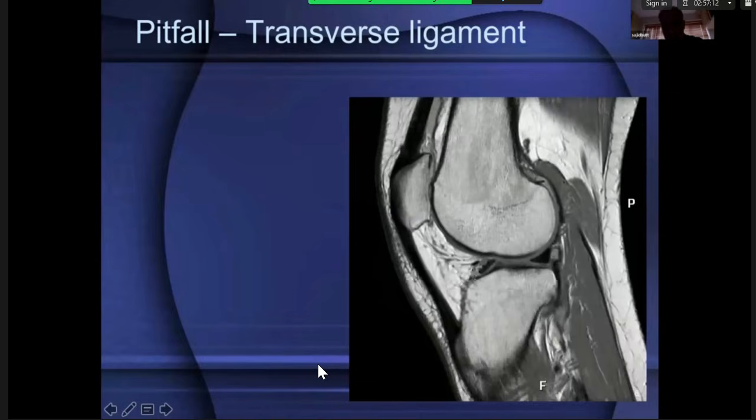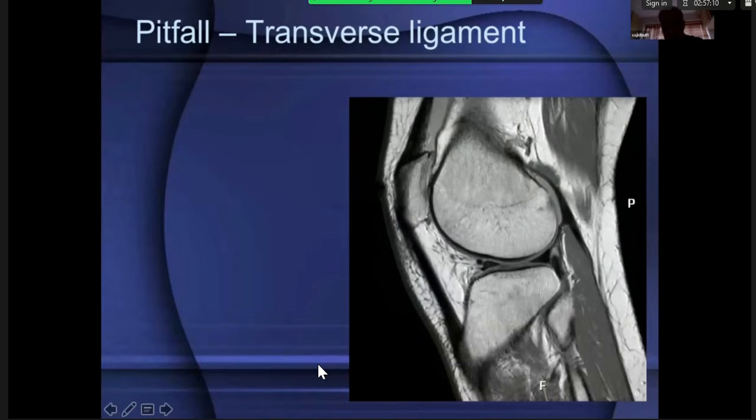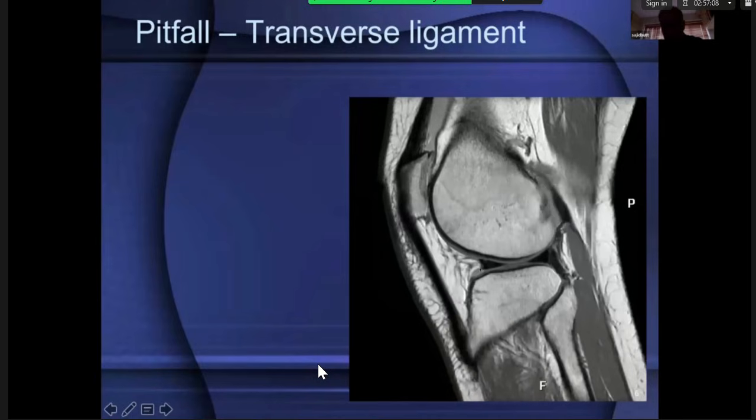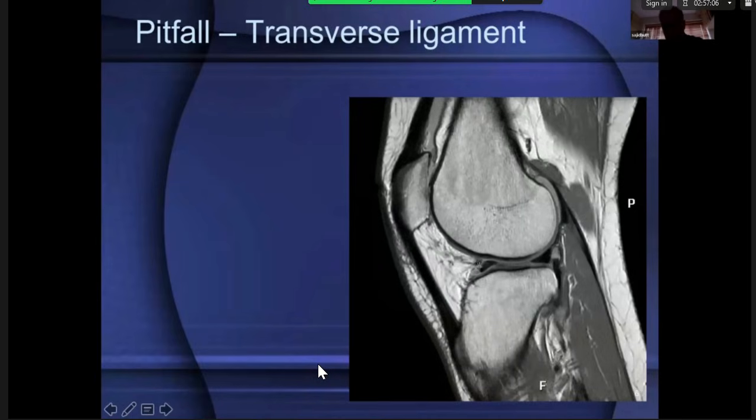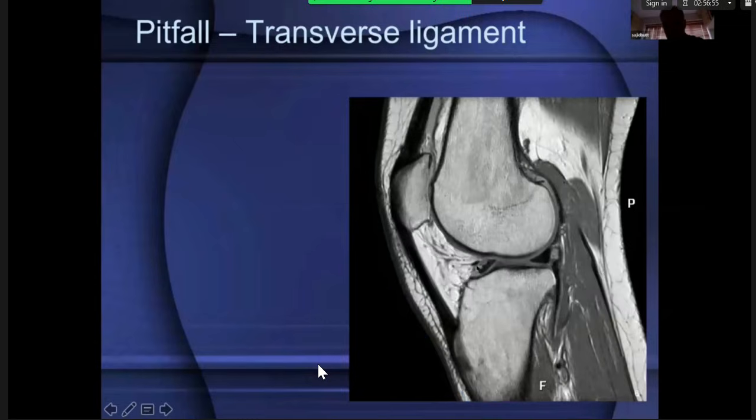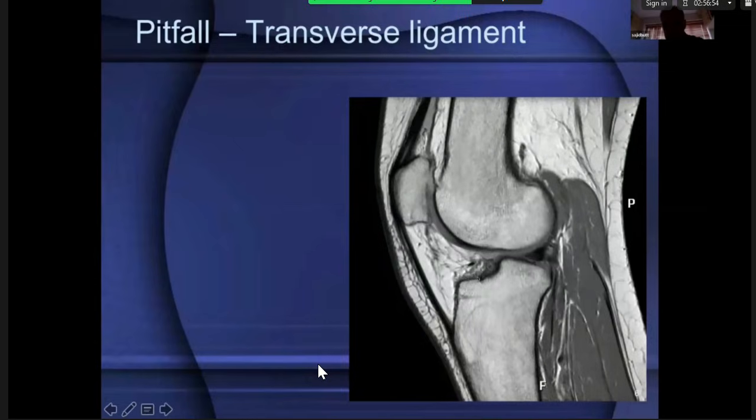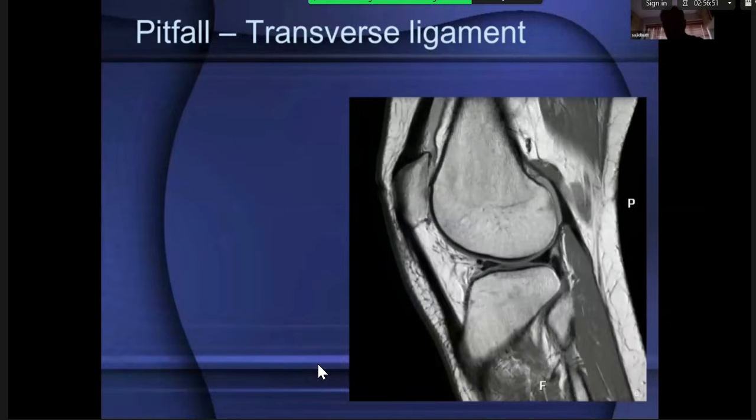Follow that, and here you can see it joins the anterior horn of the lateral meniscus. If you catch it at this stage, sometimes people call that a tear. That's not a tear, that's the anterior transverse intermeniscal ligament, which is just running through its normal course.